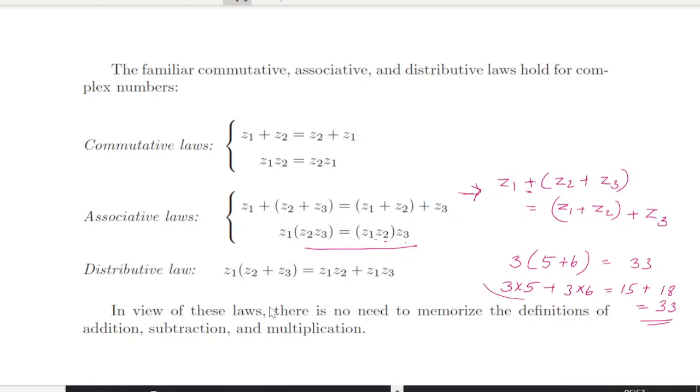So this is called the distributive law. So product is distributive over addition. So when you are having these three ideas and one more idea, root of minus 1 is equal to i, we can easily find the product.